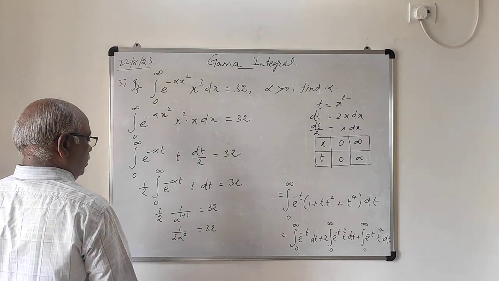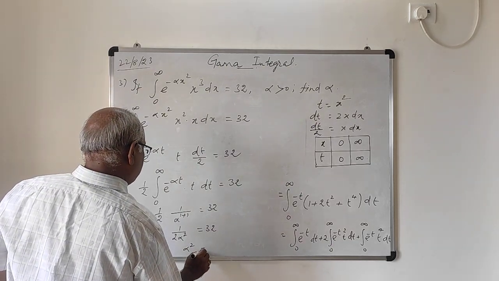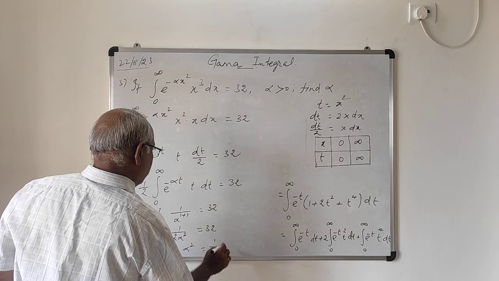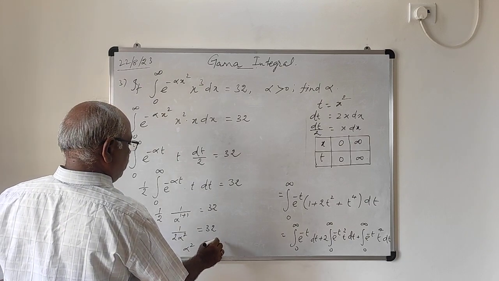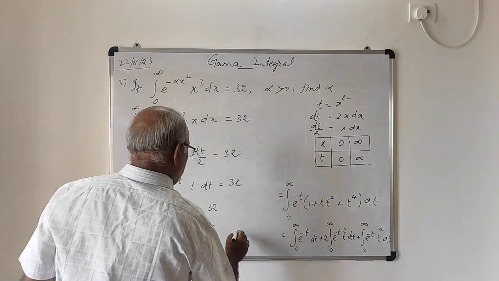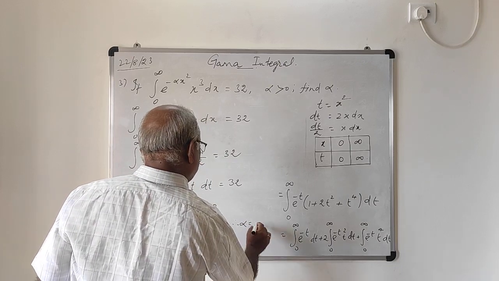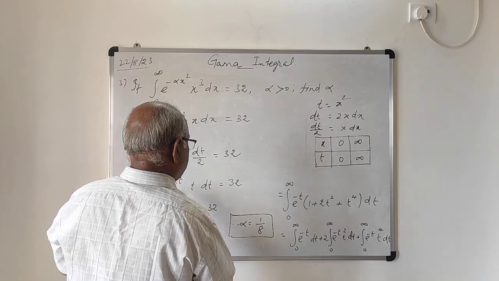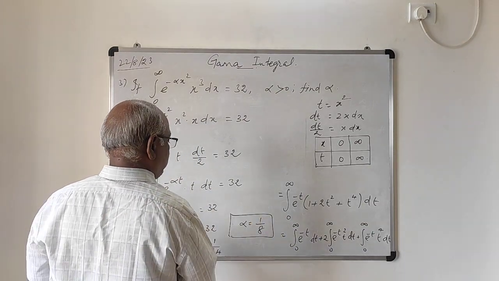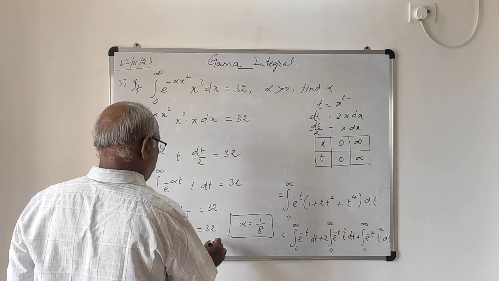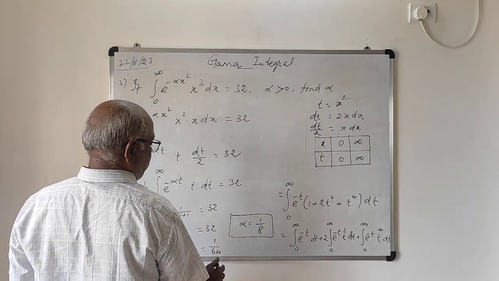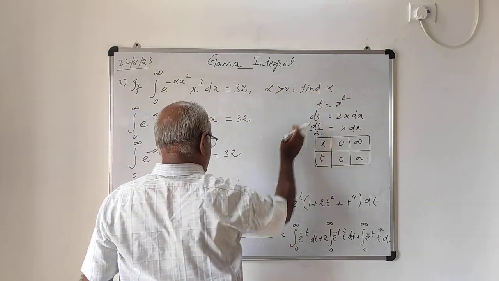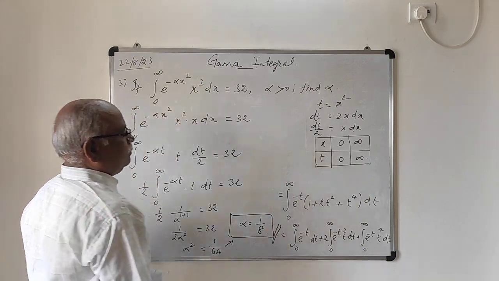By cross multiplication, alpha square is 1 by 2 into 32, which is 1 by 64. Therefore alpha equals square root of 1 by 64, which is 1 by 8. This is your answer. That's all about the problem.